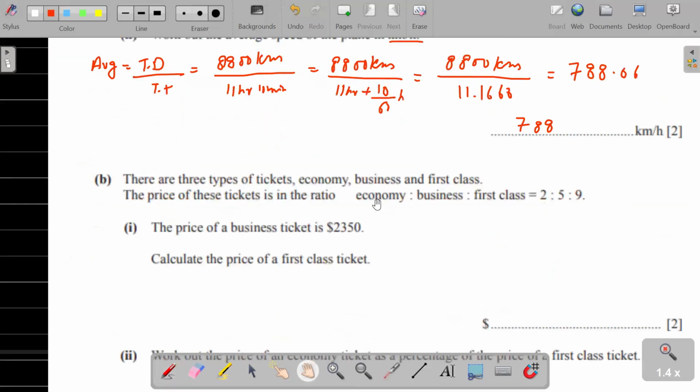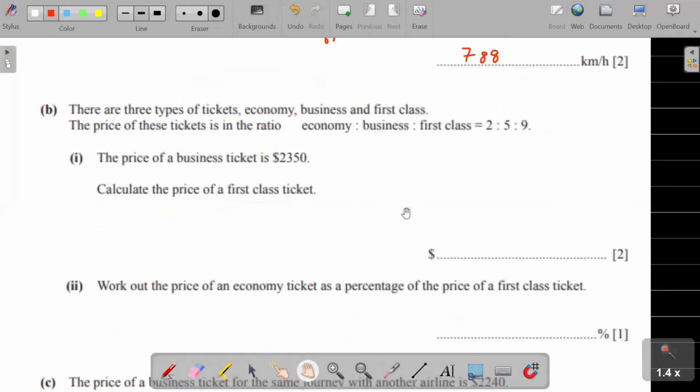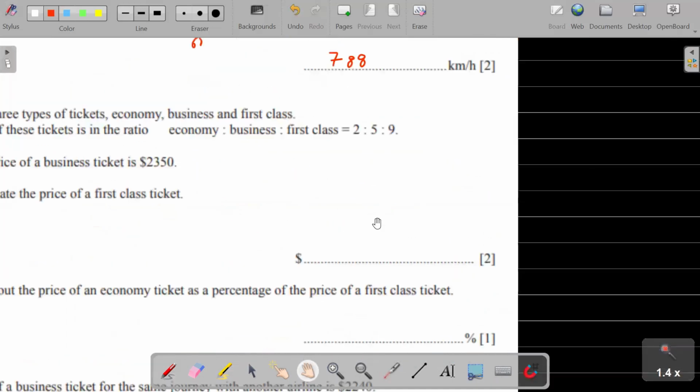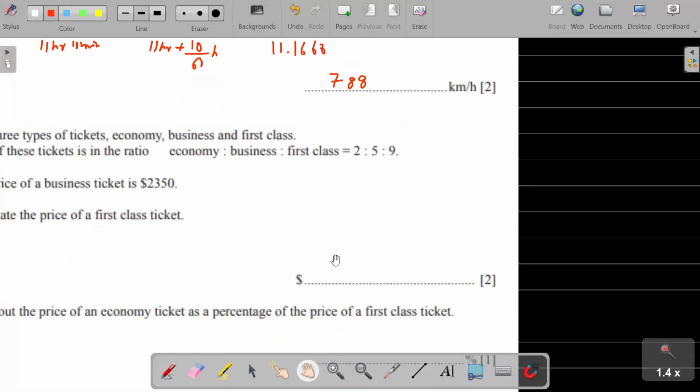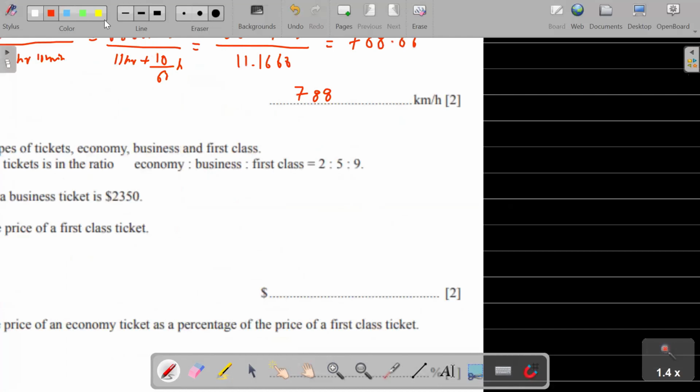Now it says that there are 3 types of tickets: economy, business, and first class. Now he has given us a few things. First, I'm going to write the ratio. Sum of ratio is 16. And let's take the ratio economy class, business class, first class.